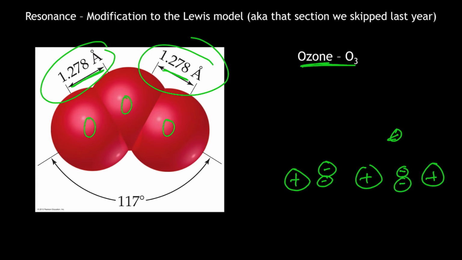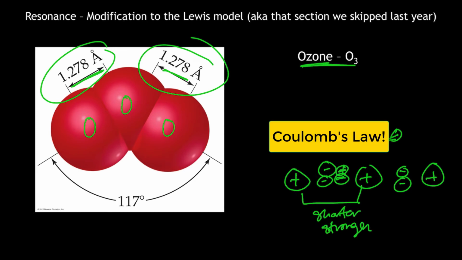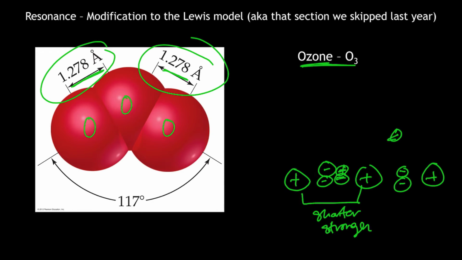it means that those bonds have to be the same. Because if there are more electrons on one side than the other, then this should be a shorter and stronger bond. More electrons shared between one pair of nuclei means a shorter, stronger bond than the other one.